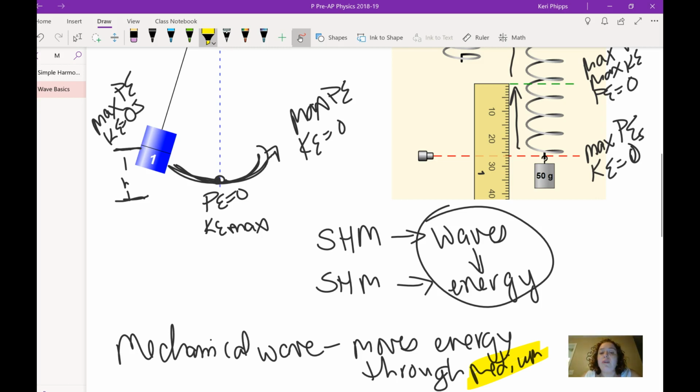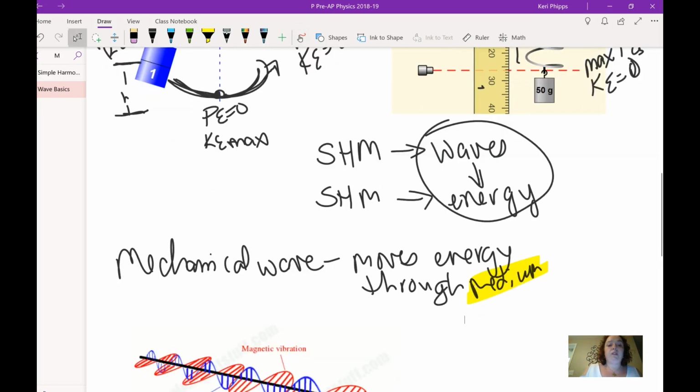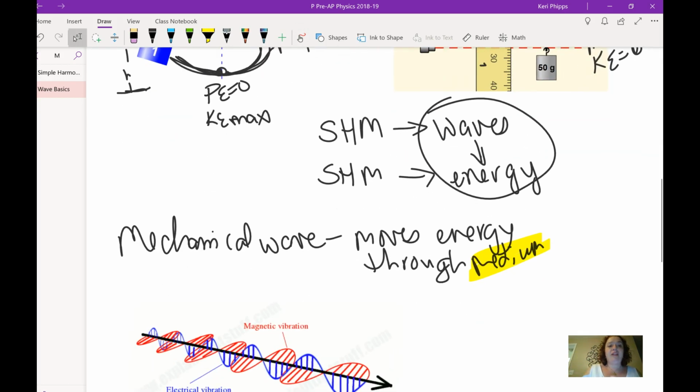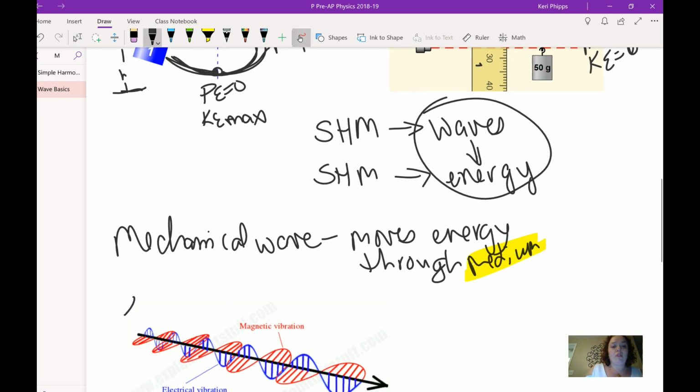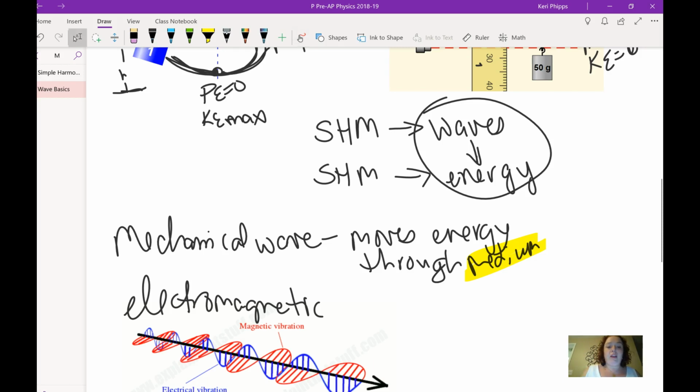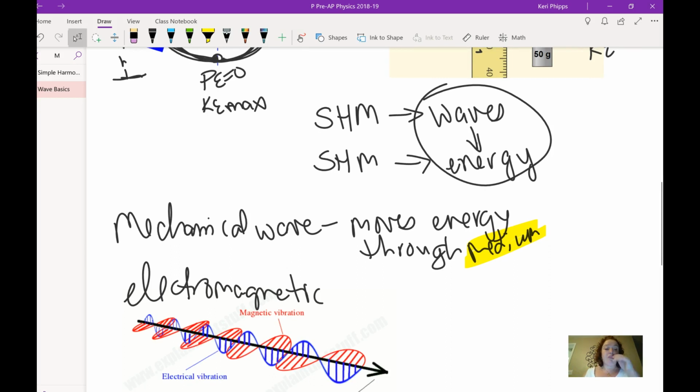Now let's talk about what can move through a vacuum. We just talked about a mechanical wave. The other type of wave is called an electromagnetic wave. An electromagnetic wave is a combination of electrical vibrations and magnetic vibrations.